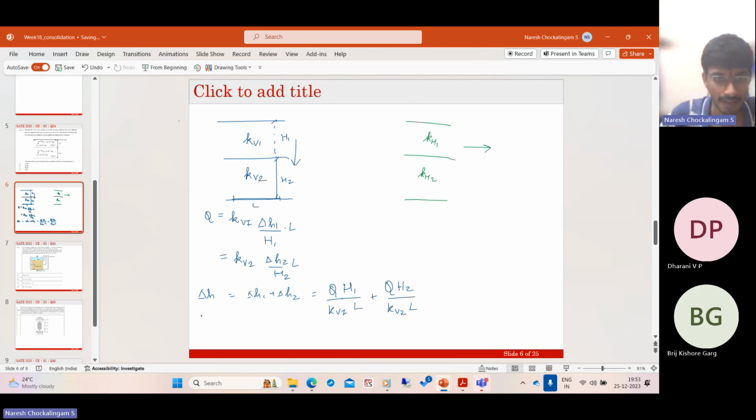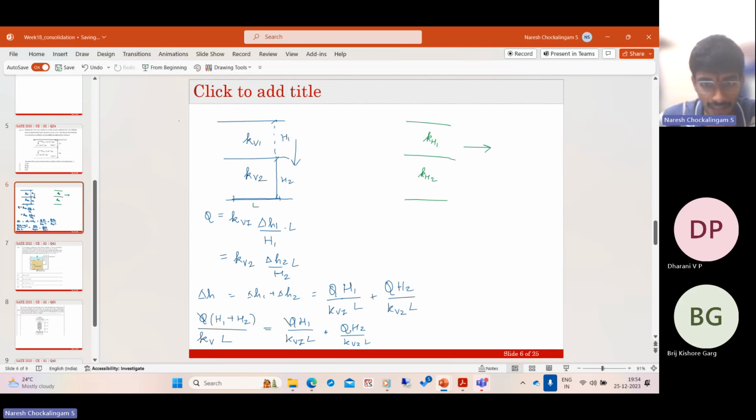It is the net head loss, and that is equal to the total flow rate multiplied by the total length of the flow. What is this? It is H1 plus H2 divided by what? The equivalent permeability, which is Kv, and the area of cross section remains the same as the series, as they are connected in series. So this is equal to QH1 by K vertical 1 L plus QH2 by K vertical 2 L. Now rearrange this.